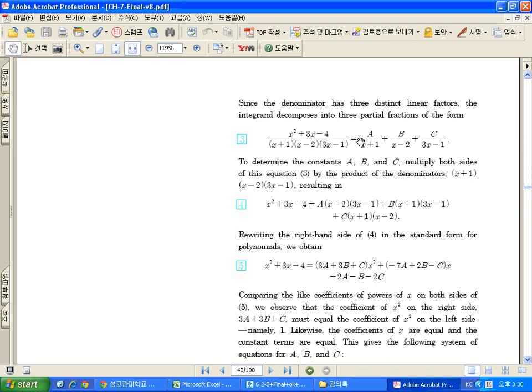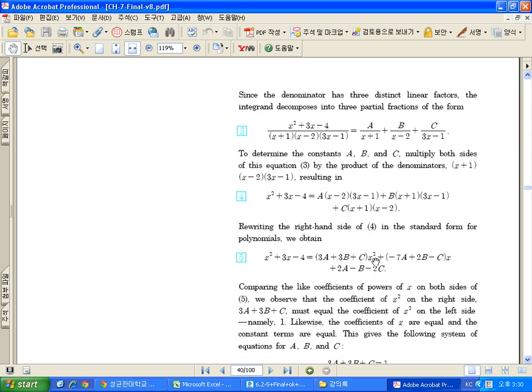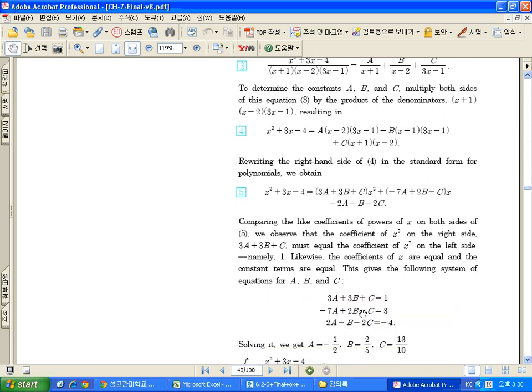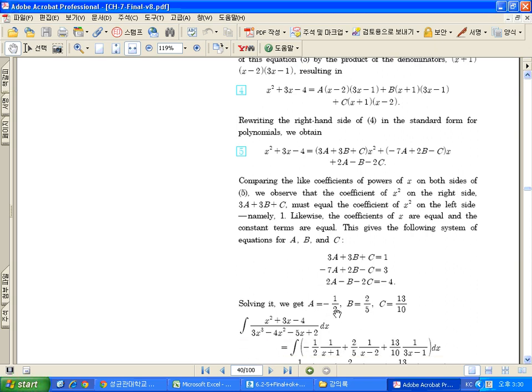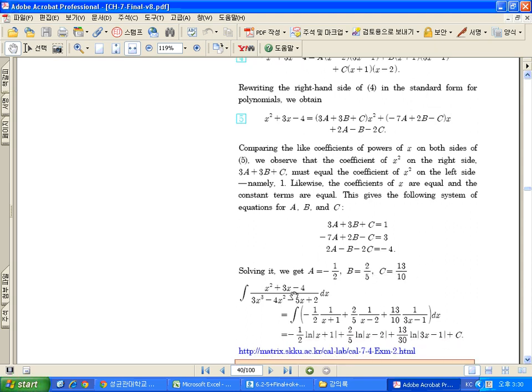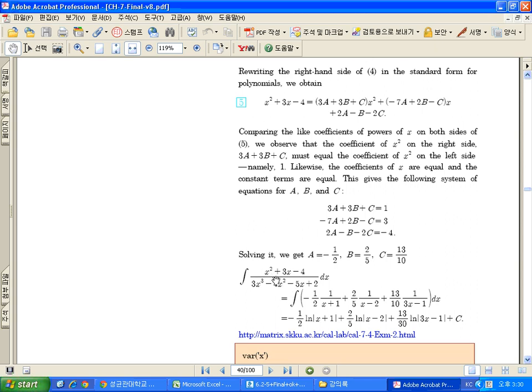So let's set it like this, equation 3, then solve this linear system of equations to get a is equal to minus 1/2, b is equal to 2/5, and c is equal to 13 over 15. Then this integration of rational functions can be written in this way.